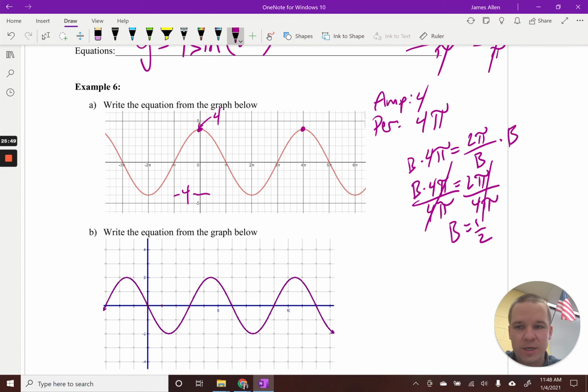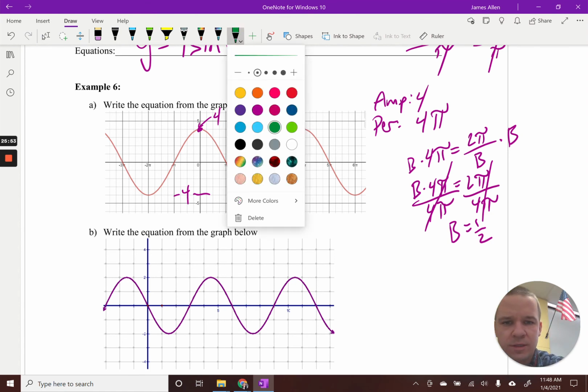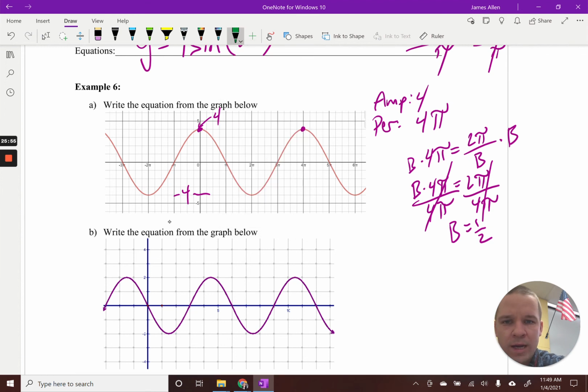So now I'm ready for my equation for this one here. I'll change colors so it doesn't get lost. And we'll go with y equals 4 sine of, or sorry, not sine. Whoa, we're starting above. This is a cosine that I'm using.